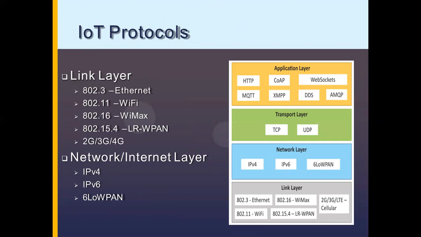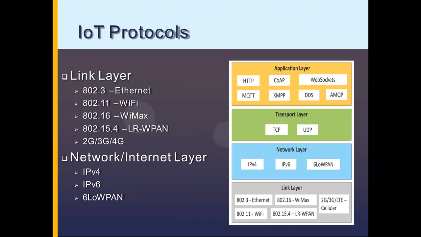When you talk about the link layer, the connection might happen by using any of these, like Ethernet, Wi-Fi, WiMAX, LR-WPAN, or 2G, 3G, 4G, 5G, and so on. Any connectivity, any network, any internet connection goes through this data link layer.